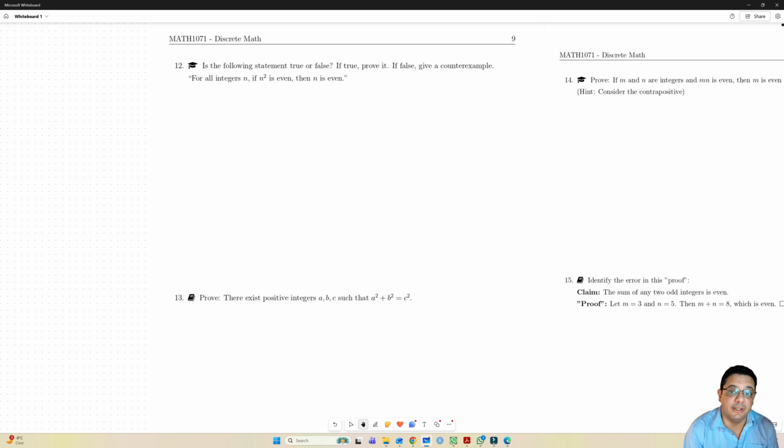This is a brief example of a type of proof that we're going to see later: if P implies Q, this is equivalent to not Q implies not P. So I can instead prove this. This is what is called the contrapositive, and then use it to prove this by the equivalence.